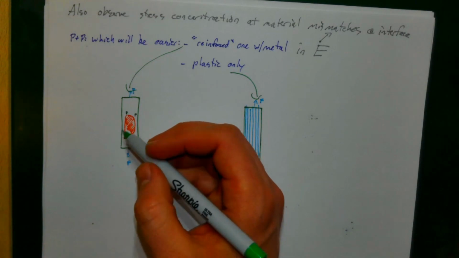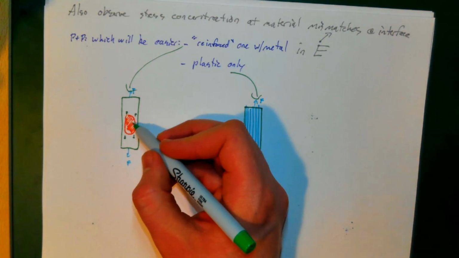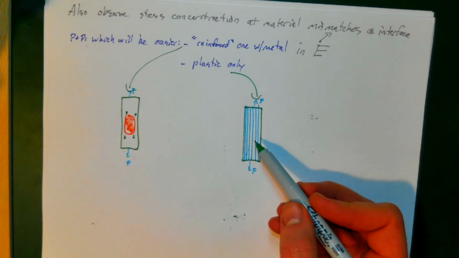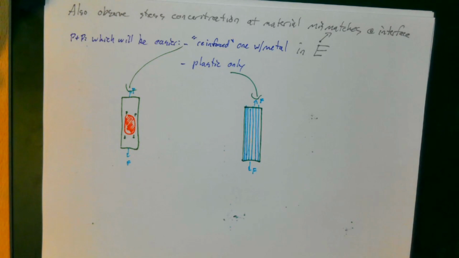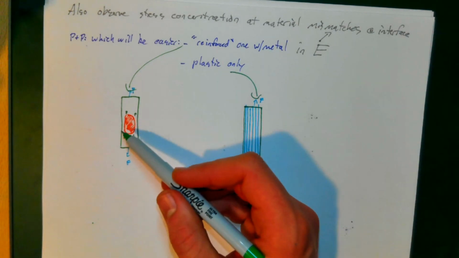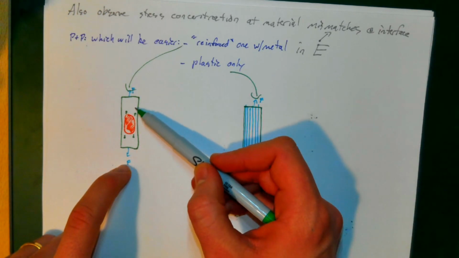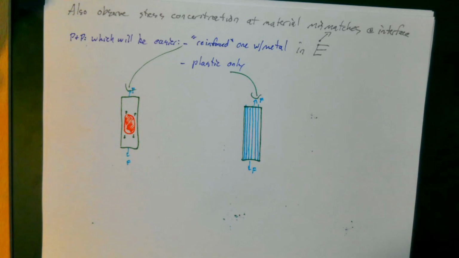But the stiffer material doesn't deform, and that leads to non-uniformity in how that stress is distributed through the material. And exactly how that stress is distributed depends on the mismatch between stiff and compliant.